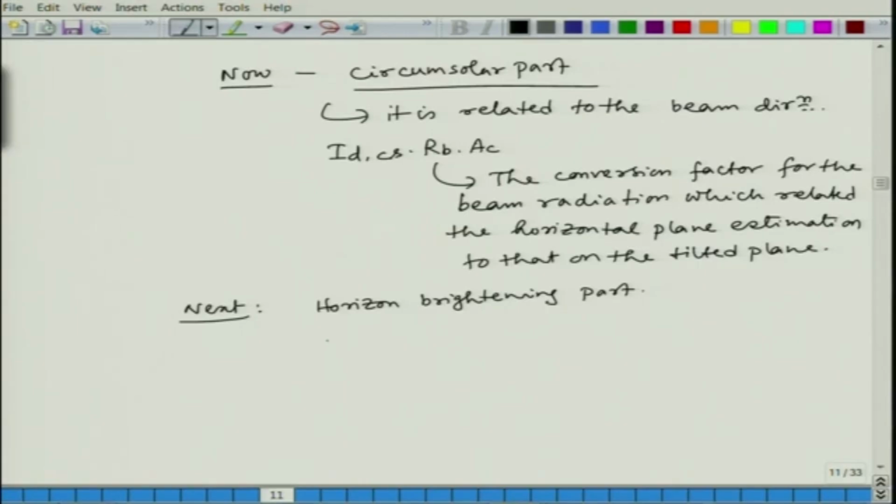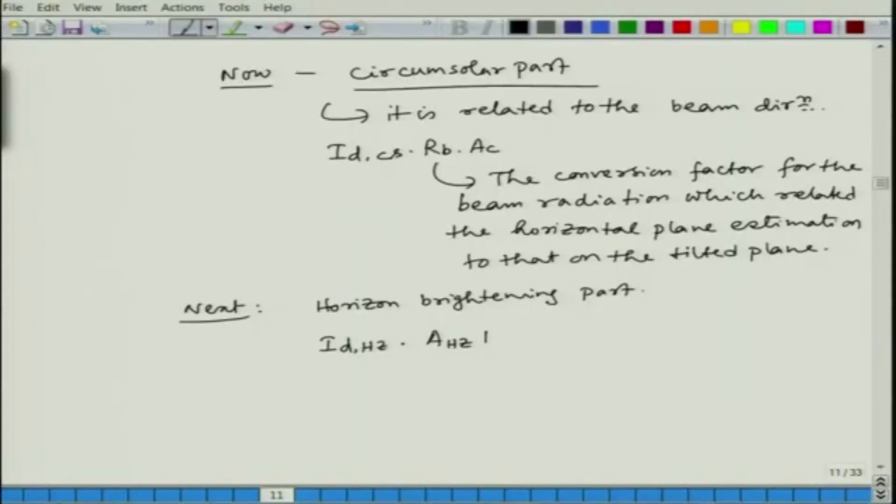Okay. That is why we see that we have this ID horizon multiplied by A horizon. So, you have to again fix how far you will allow the horizon to go, and depending on that you will have the area of the horizon brightening, and the intensity there. Okay.